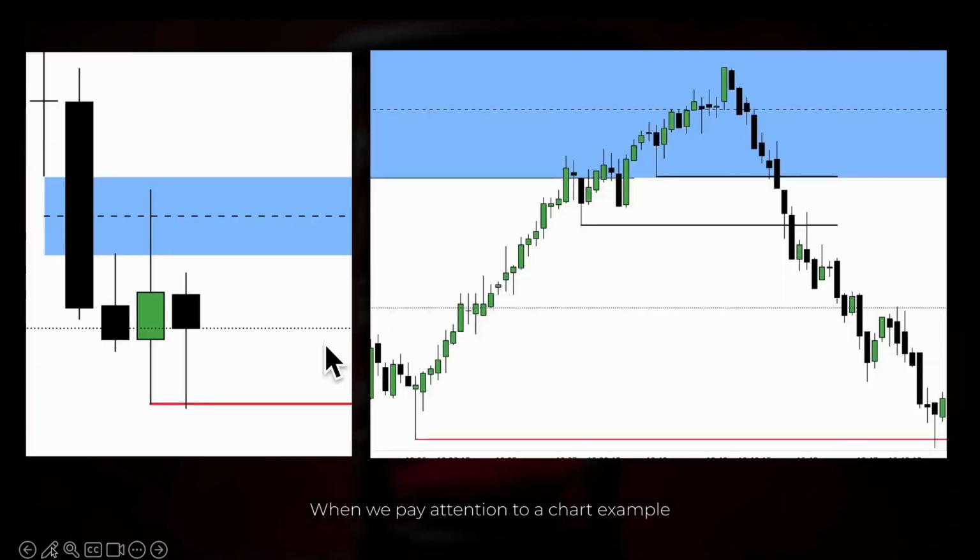When we pay attention to a chart example of this, you can see the following. The market expanded towards the downside with this large downward candle, and we see this CB get created. Notice that the market retraces above 50% of that CB, and eventually we see the market draw towards the downside. When we pay attention to the lower time frame fractal, you can see that the market expanded towards the upside and it was in a rush to reprice higher.